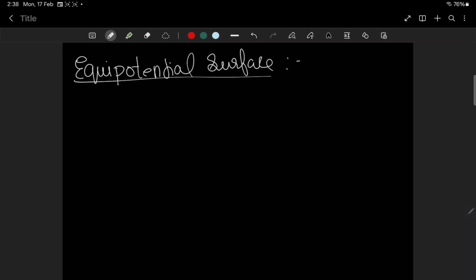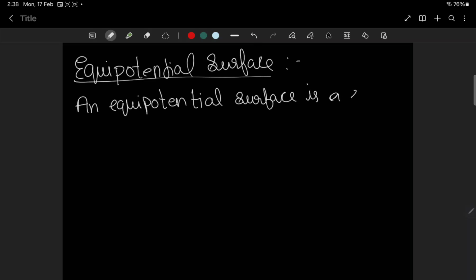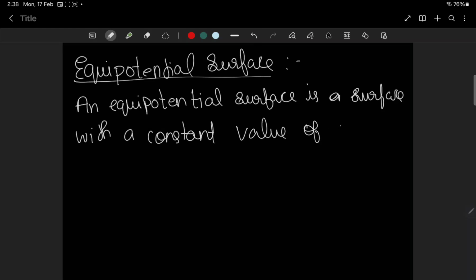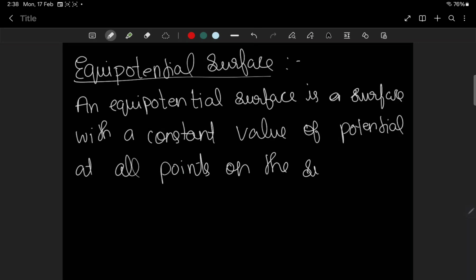An equipotential surface is a surface with a constant value of potential at all points on the surface. It is called an equipotential surface.